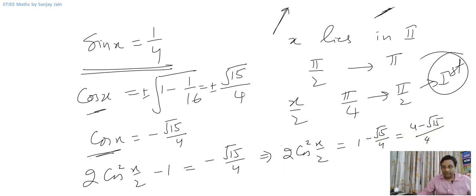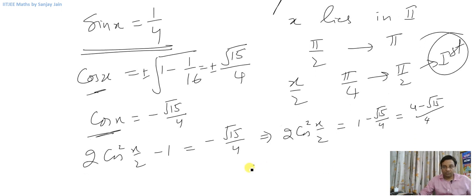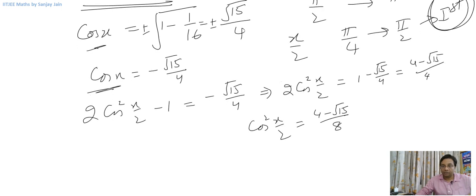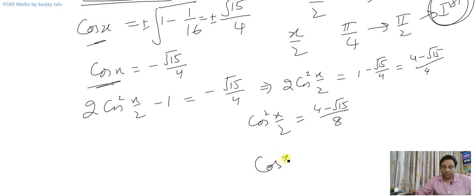And what will be cos squared x by 2? It will be equal to 4 minus root 15 upon 8, right? Now x by 2 lies in first quadrant. So what can I say about cos x by 2? It will be positive, right?